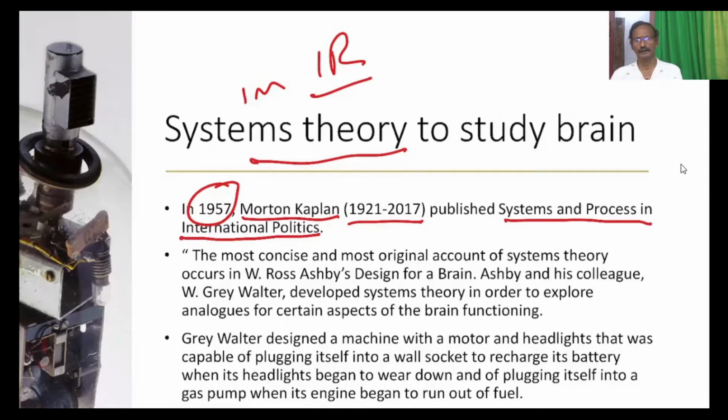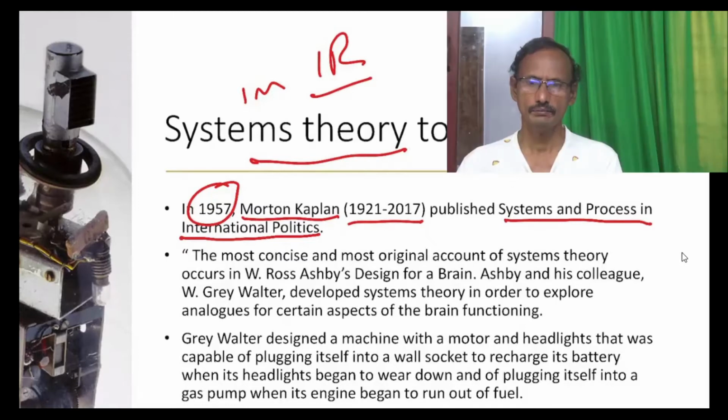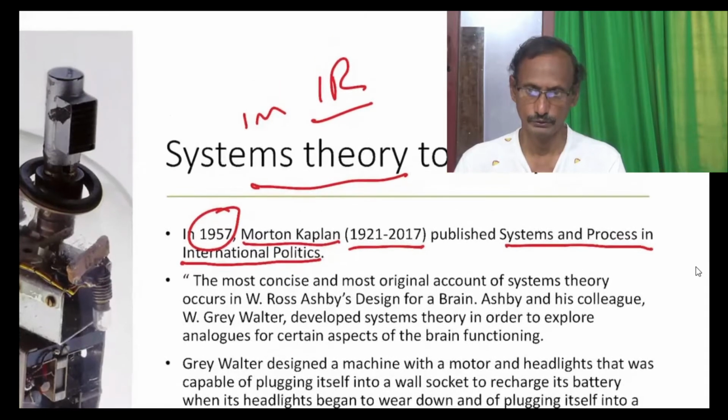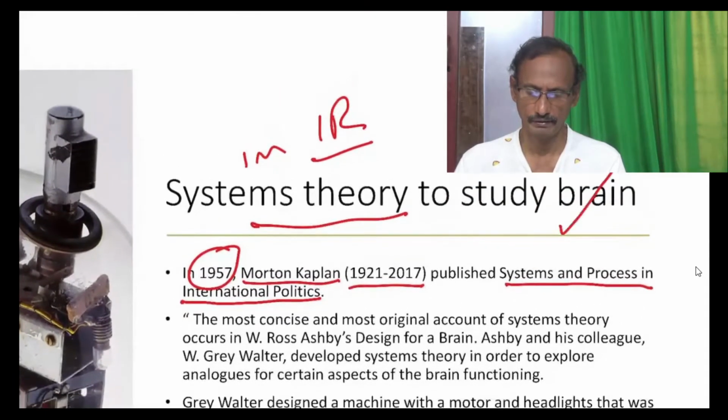What did Kaplan mean by the systems theory? He has one idea of systems theory. He writes about one application of systems theory in neurology that is used to study the brain.